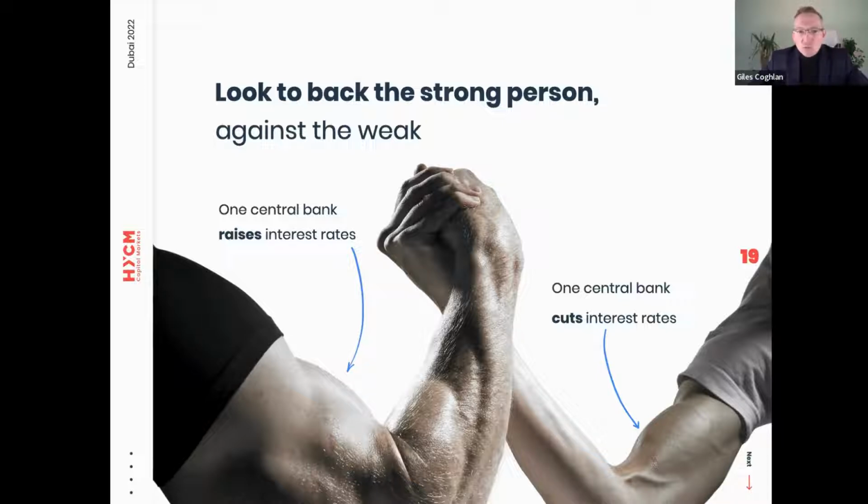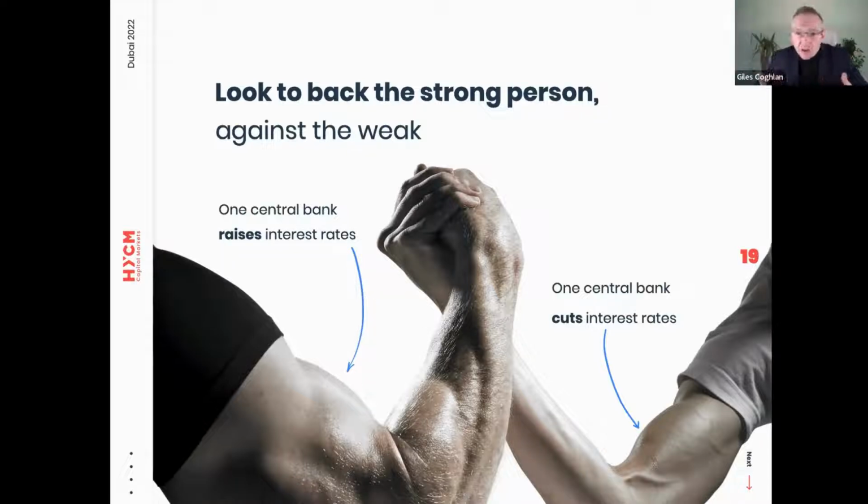And let's say one central bank says, we're going to raise our interest rates by 50 basis points in a surprise move. Well, that country's currency would gain. And imagine on the same day, a different central bank said, well, we're going to cut our interest rates by 50 basis points in a surprise move. Then you'd see, look, one currency is gaining and the other currency is falling.